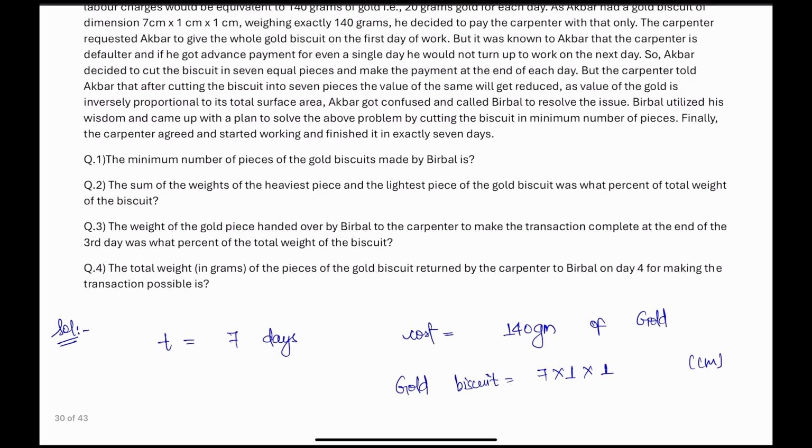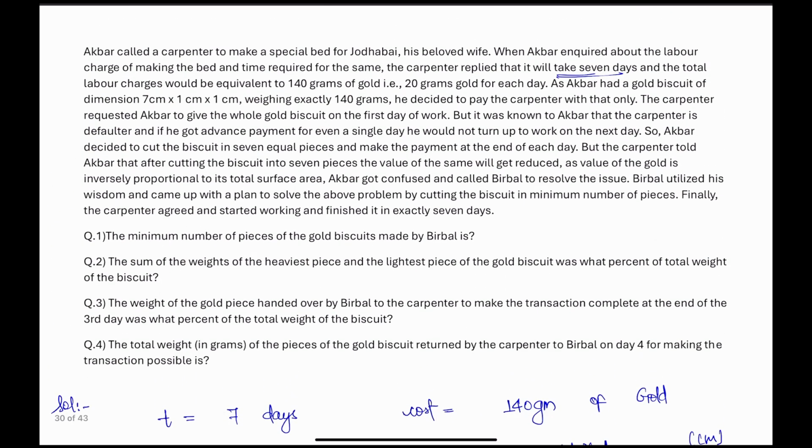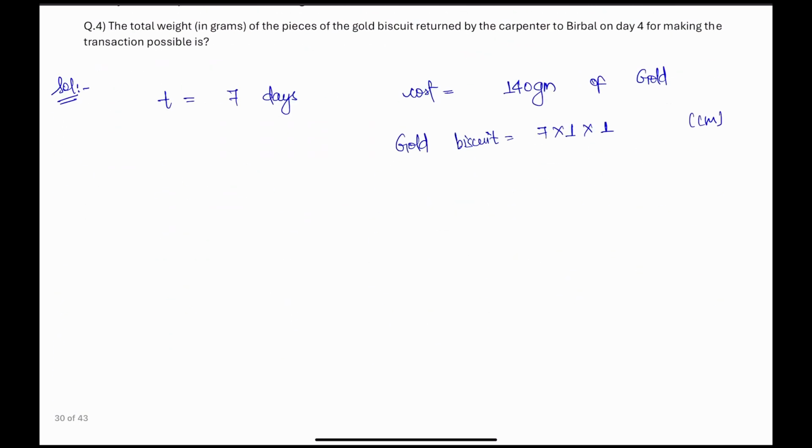Great. What information can we extract from this paragraph? Weighing exactly 140 gram. So can we say that this is the specification of that gold biscuit, that it is 140 gram and its dimension is 7 cross 1 cross 1.